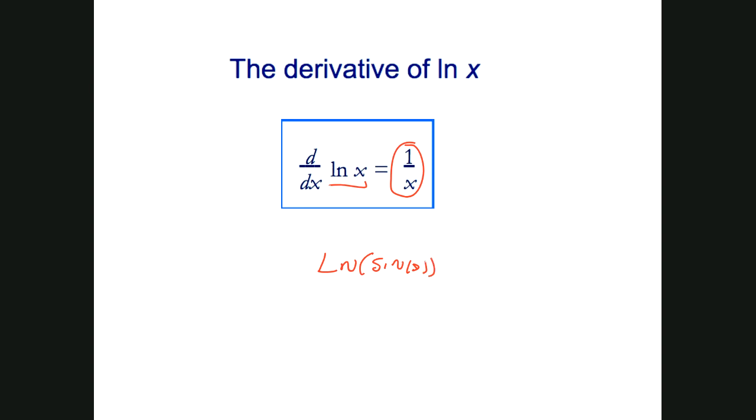Natural log of sine. 1 over sine of x times cosine of x. That is absolutely correct, because for the derivative of this, you just take that 1 over, so that's just 1 over sine of x, times the derivative of the inside. Well, the derivative of sine of x is cosine of x. So my answer would be cotangent of x.